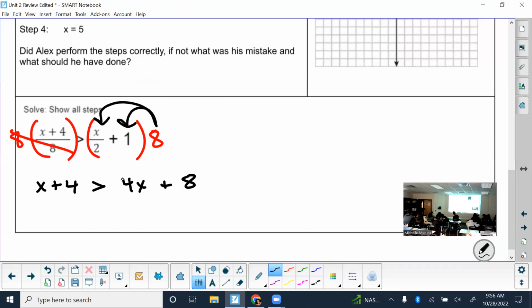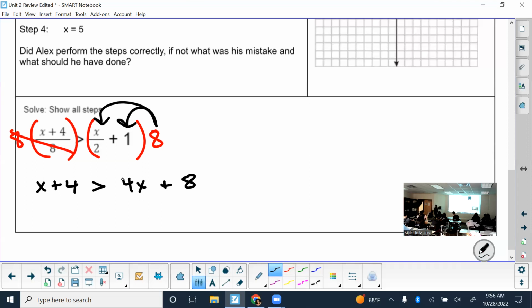And now look, no fraction. So when in doubt, if you see something like that, which you will, showing you step by step: multiply by the denominator on each side, simplify when necessary, and then keep going like normal.